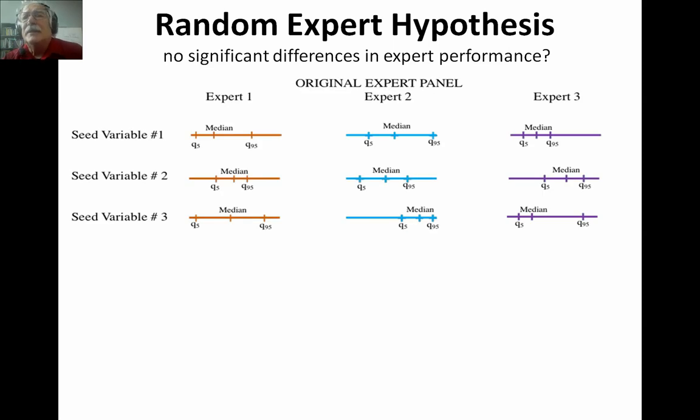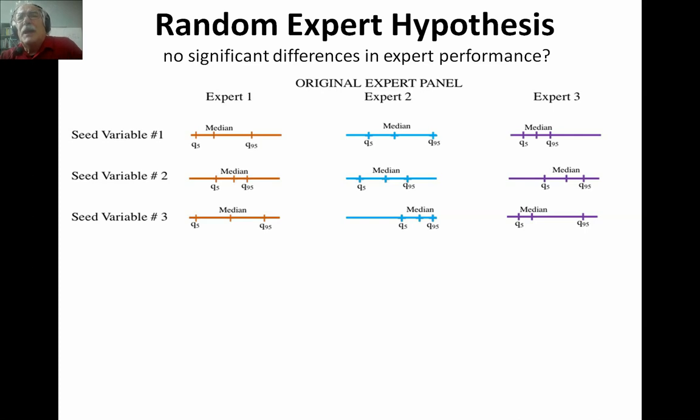So to illustrate the idea of this test, we simply consider 3 experts and 3 calibration variables. And in our original panel, we can score statistical accuracy, say, and we can score the average statistical accuracy over the whole panel, or the maximum statistical accuracy over the whole panel, and so forth.